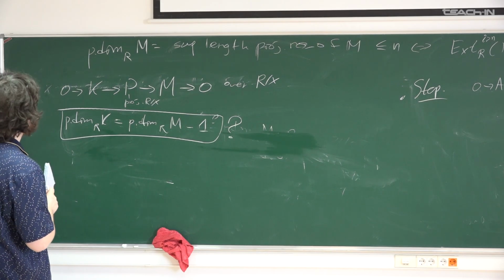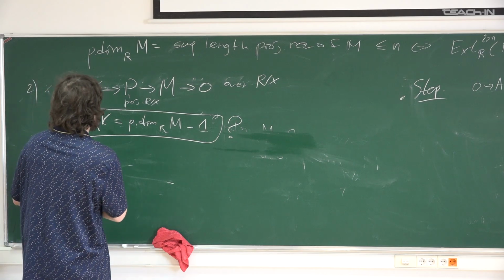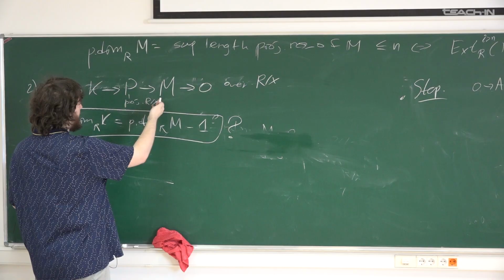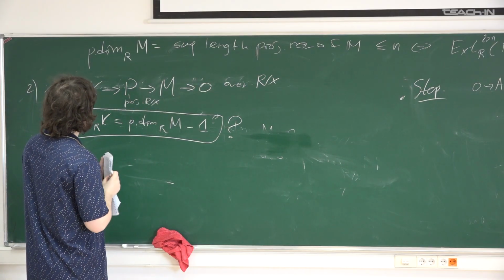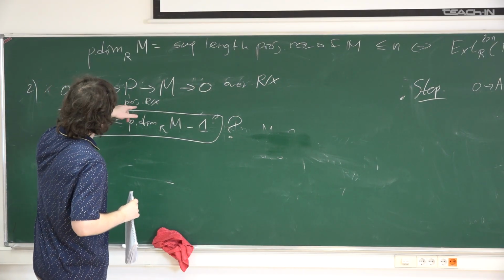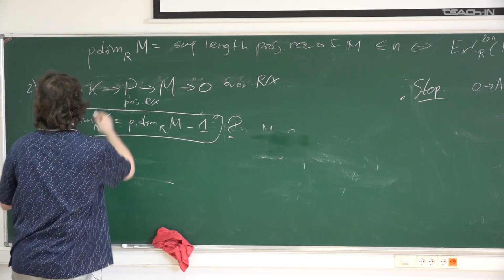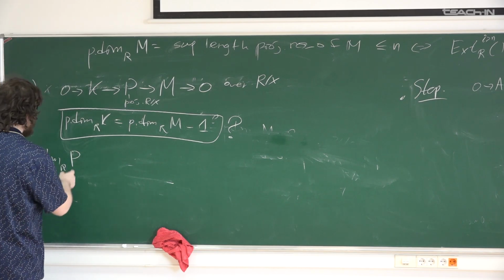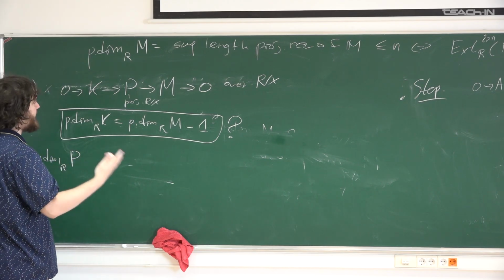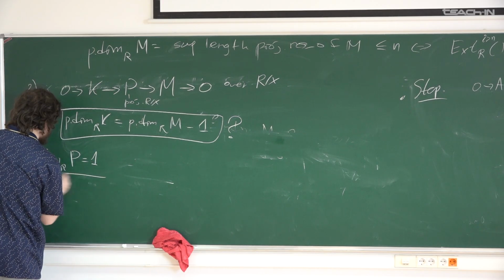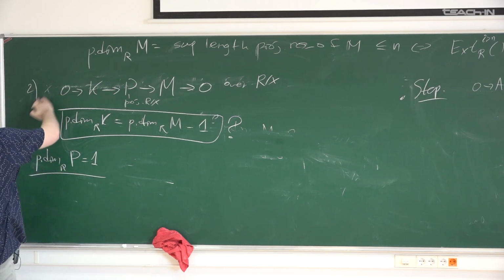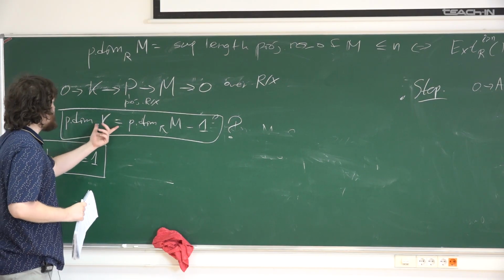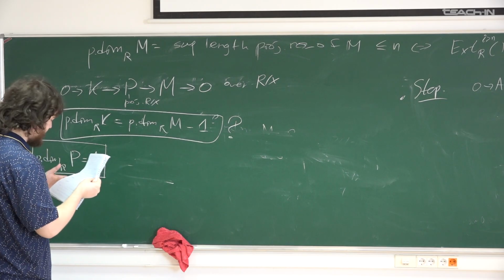But we know that again, because this is a projective module over R modulo X, it has dimension 0 over R modulo X. But again, it has the same projective dimension as P over R. It's the same as the projective dimension of R modulo X over R, and this is again 1, because X is a non-zero divisor in R. So maybe we have no such equality, but we have estimates.